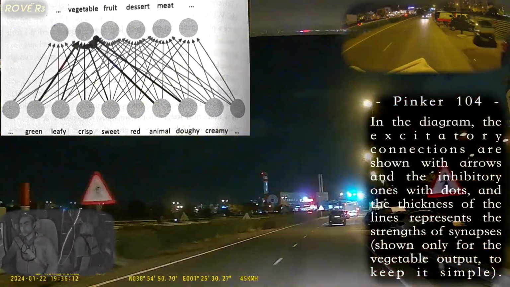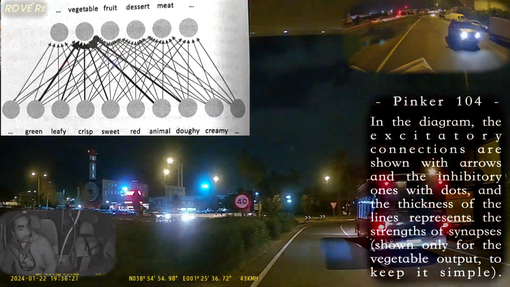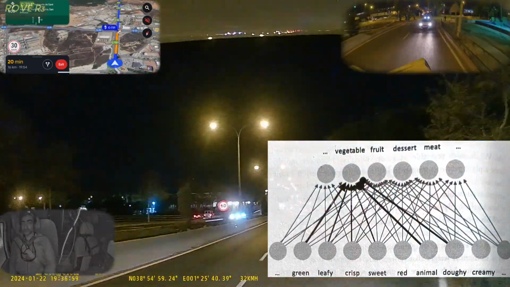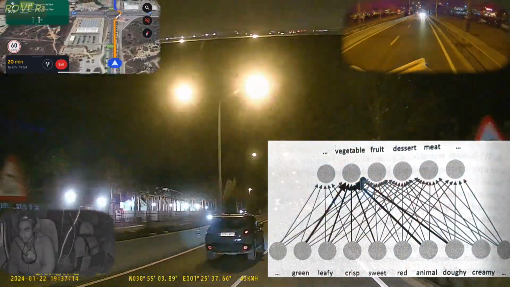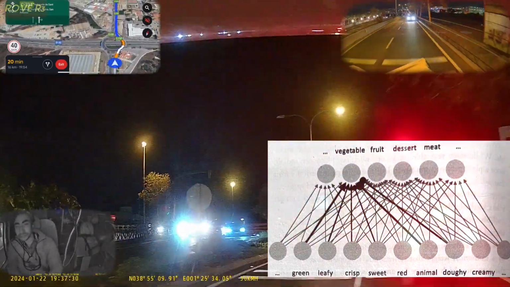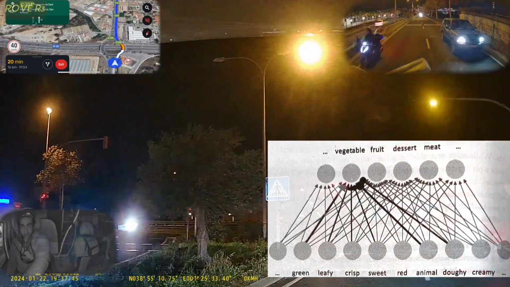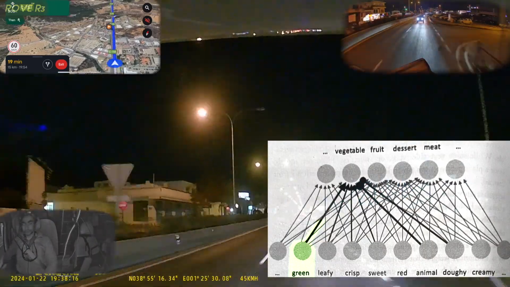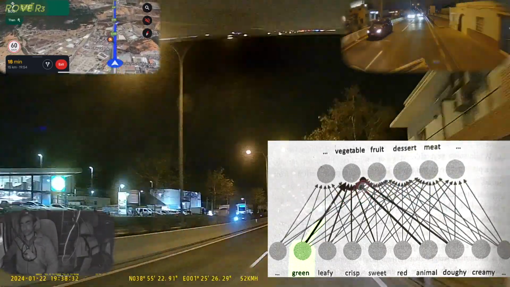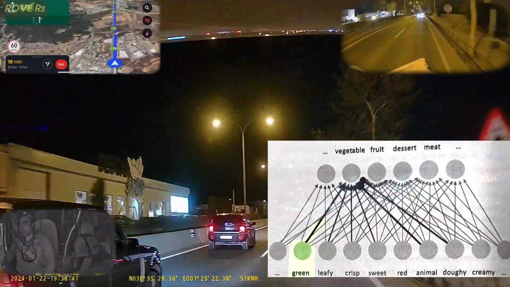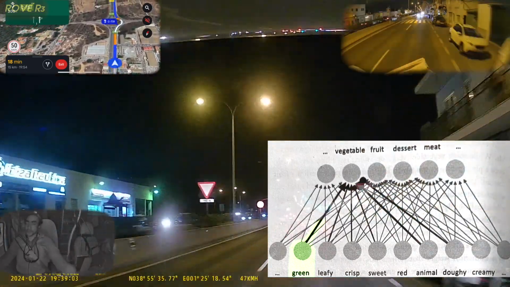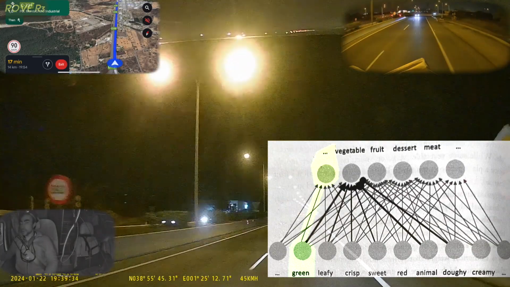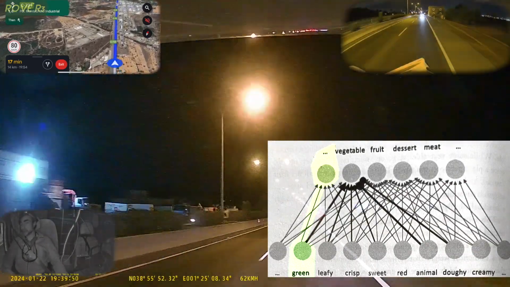All right, so we've got the if at the bottom and the then at the top. Okay, so you can imagine that each of these circles is an it. Each of these is an if-then mechanism with one single job. Okay, the second one we see, its job is green. When it detects green, it then says, yo, it might be this unnamed thing on the left, and it might be vegetable.